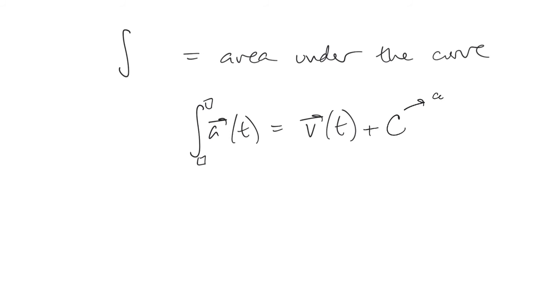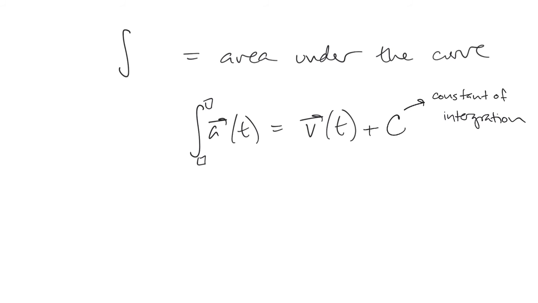That c is called the constant of integration. Okay, and the reason that you have to add on that plus c is because every time you take a derivative, you lose some information. You lose the constant term. It goes away. So when you come back from doing an integration, you have to add on that constant. And that constant, you should know, could be any number.